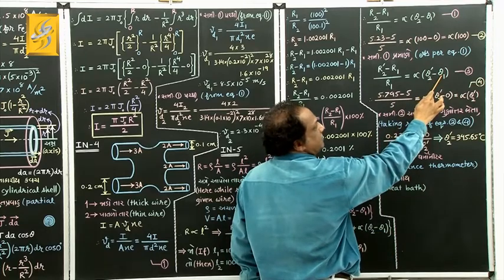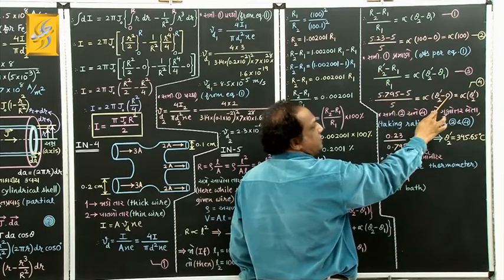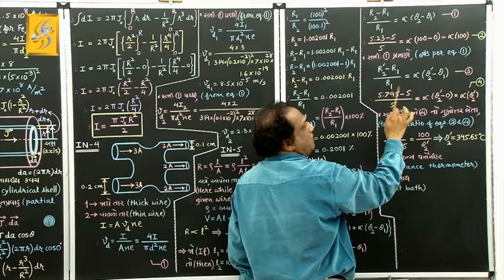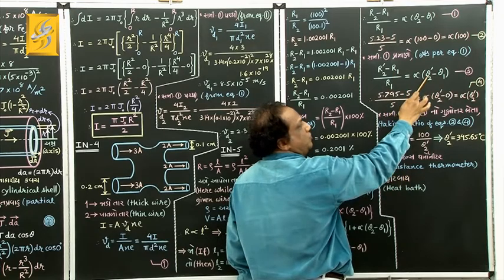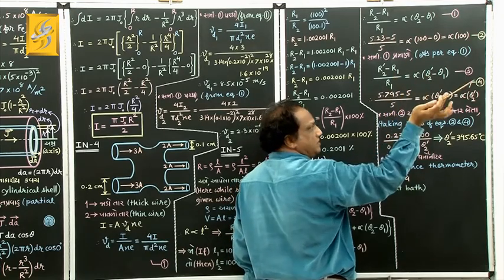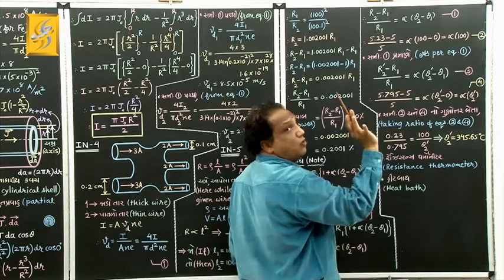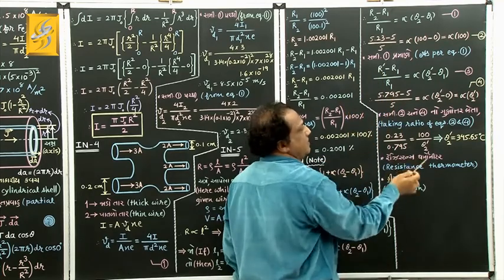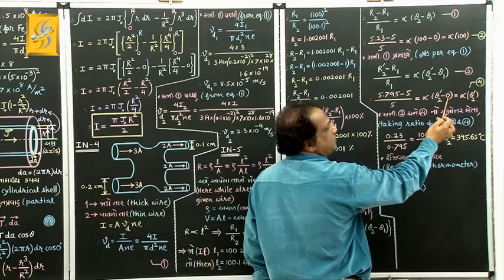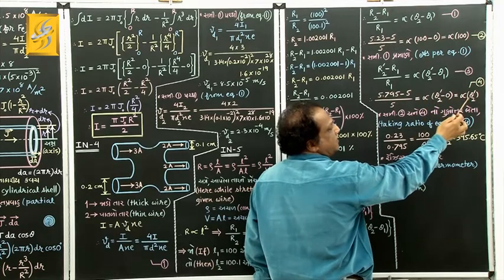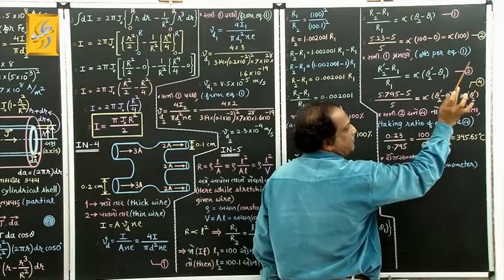At initial temperature, the melting point of ice, 0 degree centigrade, the resistance was 5 ohm. But at the new temperature of the heat bath, the resistance they have given is 5.795 ohm. Now tell me, theta 2 dash minus 0, that is theta 2 dash into alpha. I have written here theta 2 dash into alpha. Give it equation number 4.